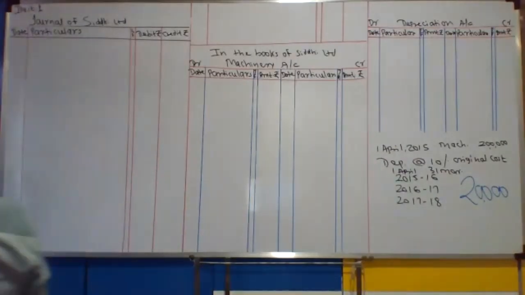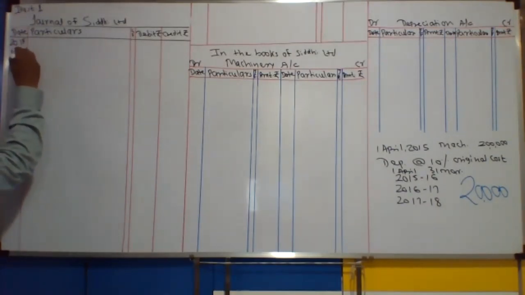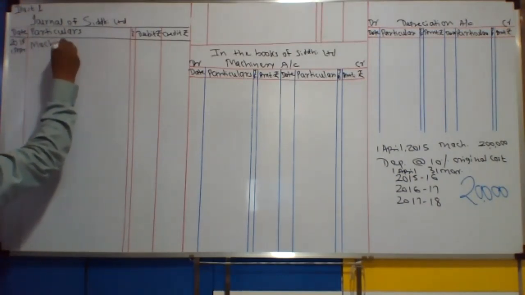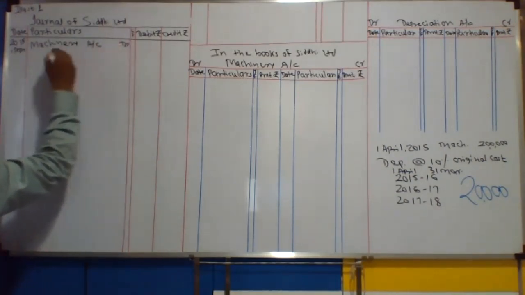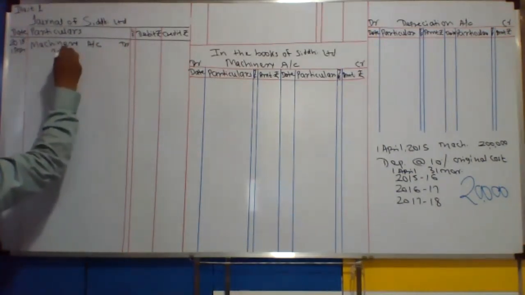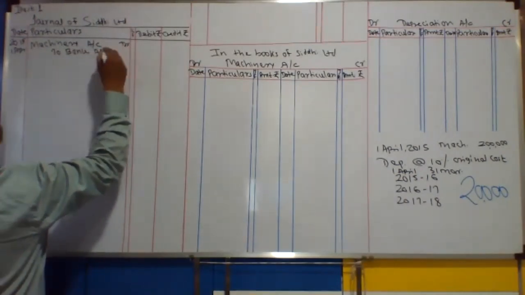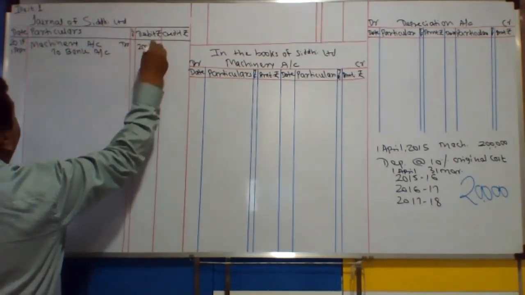Okay. Then how to pass the entries? Please see. 2015 1st April. Okay. पहला एंट्री आने वाला है, machinery account debit to bank account. Machinery account debit to bank account, amount is 2 lakh.